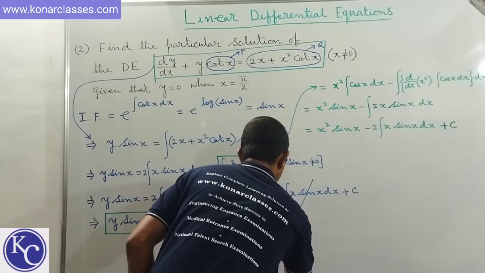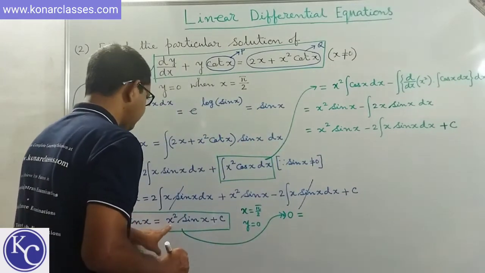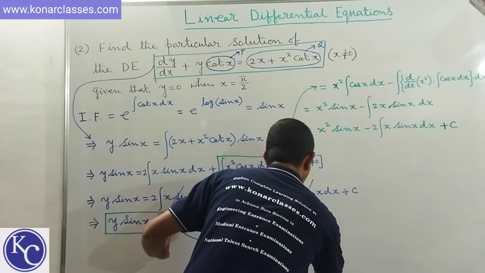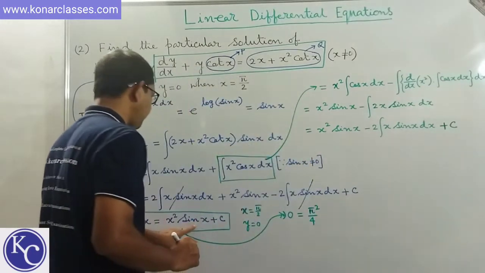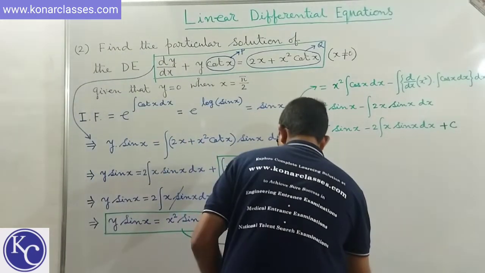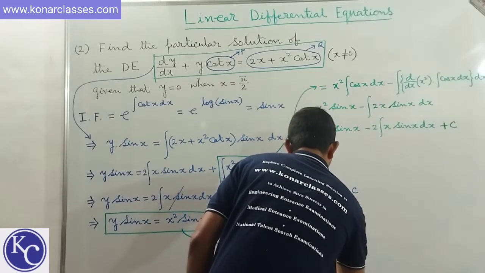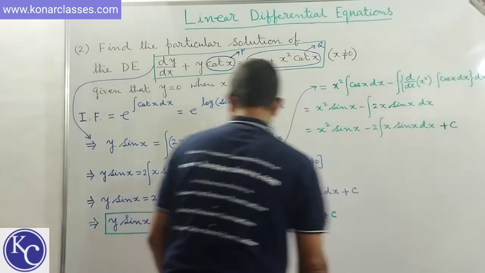So 0 equals x square, that means pi square by 4, into sin pi by 2. Sin pi by 2 is 1. Pi square by 4 into 1 is equal to pi square by 4 plus c.